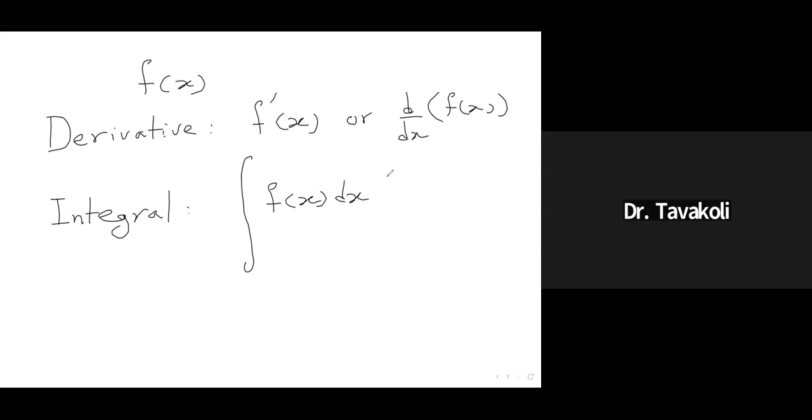And as you might remember, before derivative, you had the detailed discussion of the limits. In fact, the derivative was defined in Calc 1 using the limits. Integrals were discussed in Calc 1, but in Calc 2, we continue the integrals, and we see more advanced materials regarding the integrals of functions.